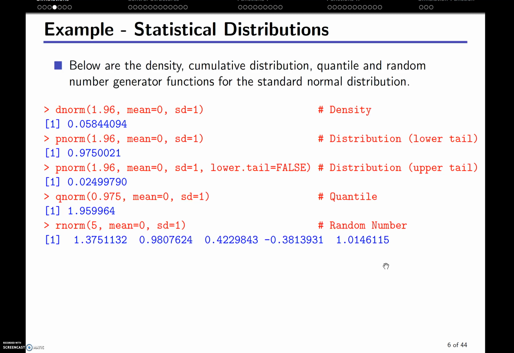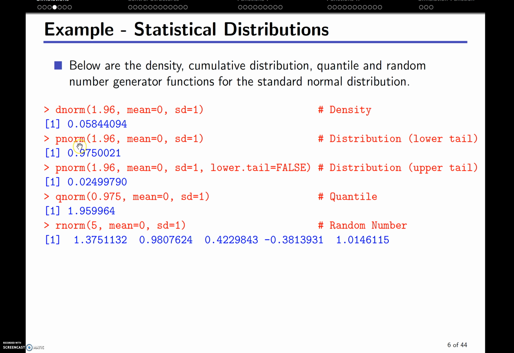Here's some examples. Let's focus on something familiar and easy for all of us, the standard normal distribution. So notice, first of all, we have our mean at 0 and our standard deviation at 1 for all of these. If we didn't specify that, that would have been the default assumption of any of these function calls. So D stands for density. So this gives us the density after a particular point in the distribution.